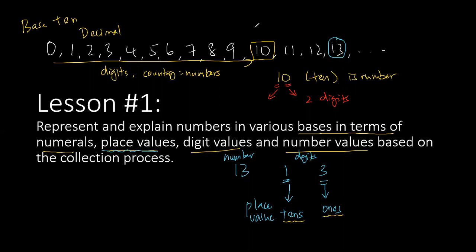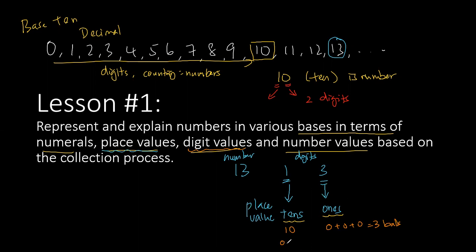The next one we're talking about is the digit value. What is the digit value here? 3 means just 3, for example 3 balls added together. One symbol represents balls. But 1 means 10.